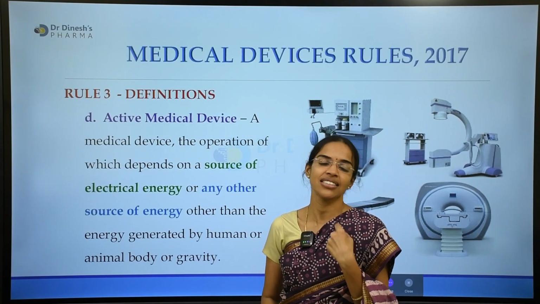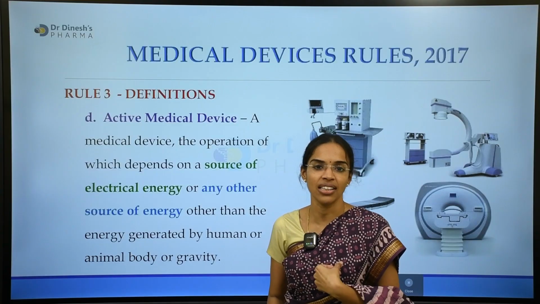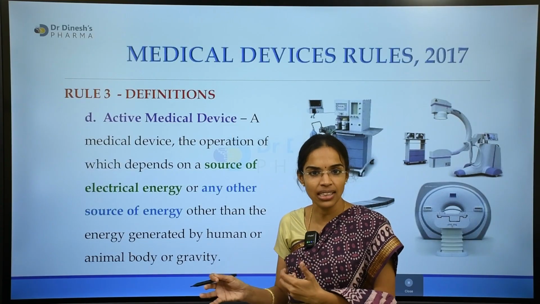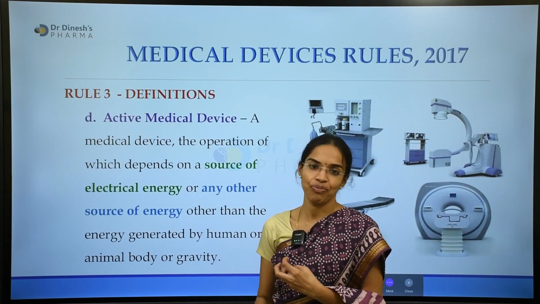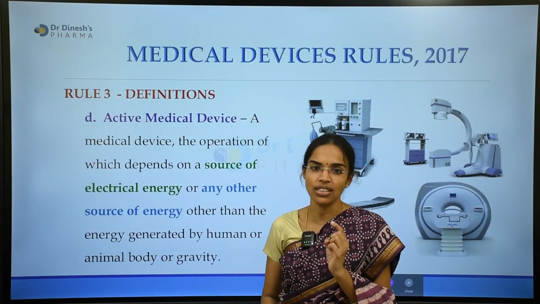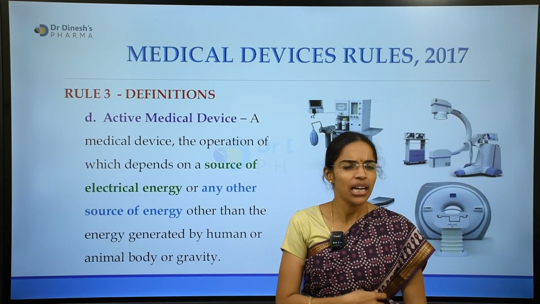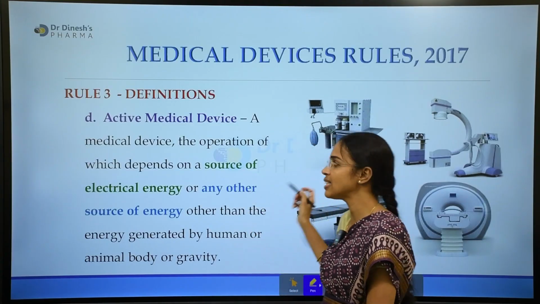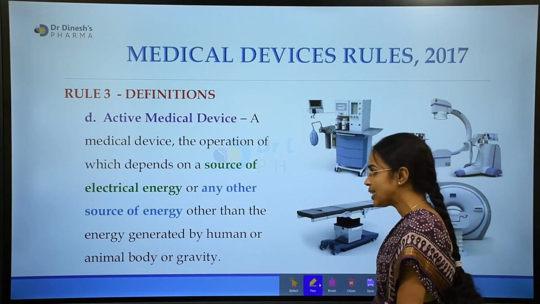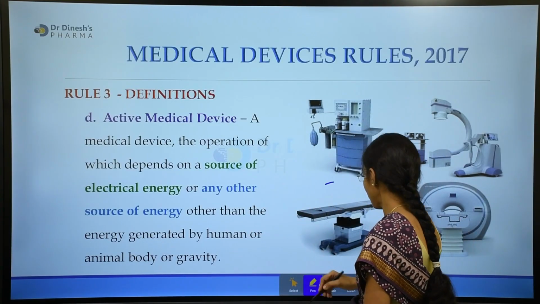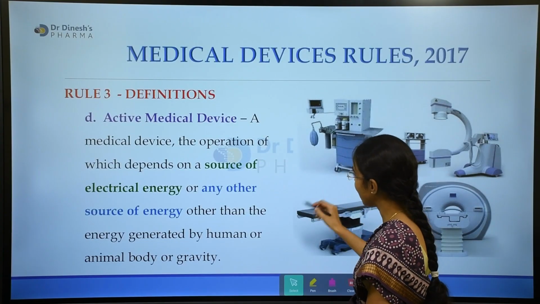Ventilators come under Rule 3 Clause D of MDR 2017. Ventilators, pacemakers, defibrillators, all these things come under Rule 3D. Hope I was clear with this.